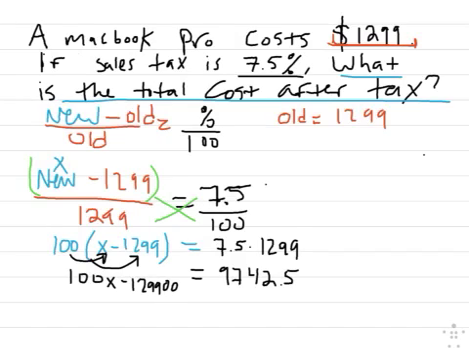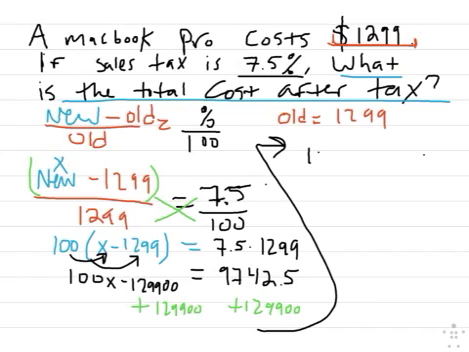Okay, here we go. Let's do inverses now. Additive inverses first. Plus $12.99, 2 zeros. Let's see what we get left over here. 100x equals plus.